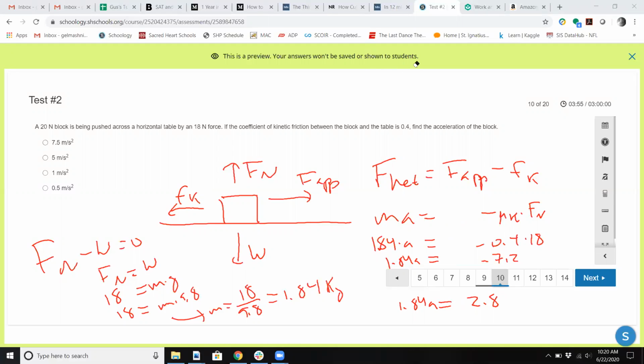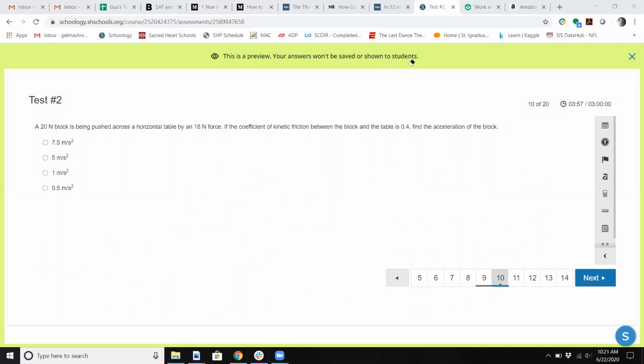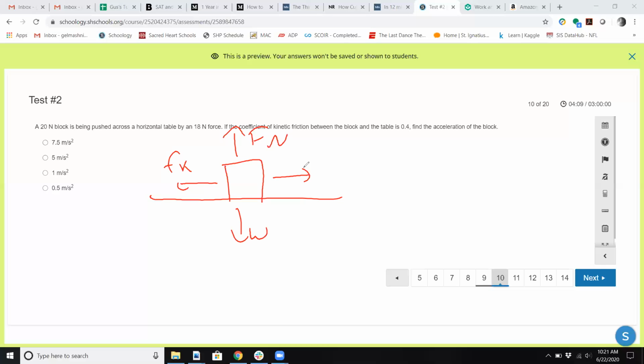I am going to clear all this and do it one more time. Great. Normal force. Thank you again. I was not wrong about this, though.